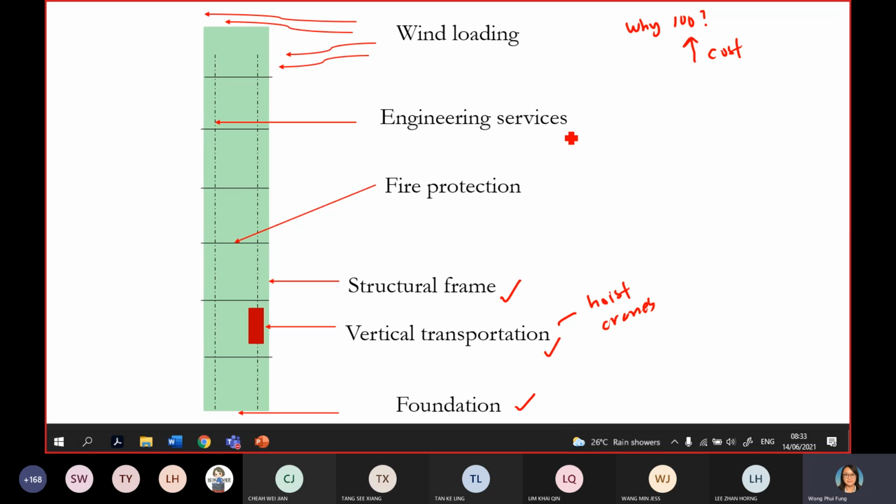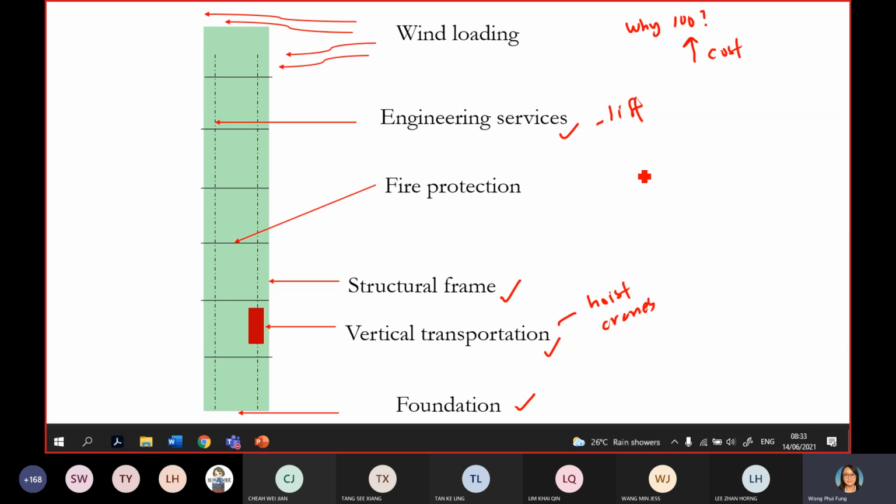Okay. Engineering services refers to lifts. So when you have a very, very tall building, you need to have more lifts. You look at UTA, only 10 floors. But the student number, staff number, worker number is so large that during peak hour, you cannot get the lift, correct or not?